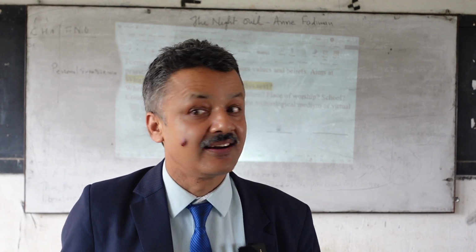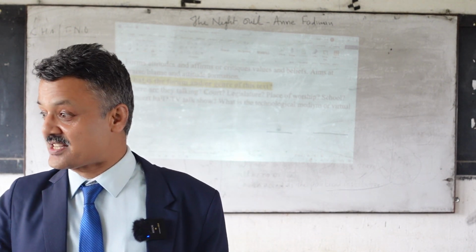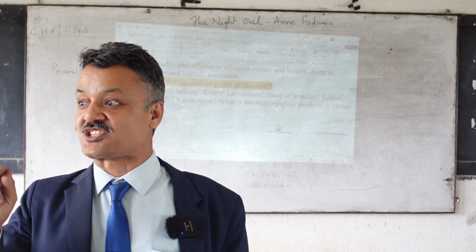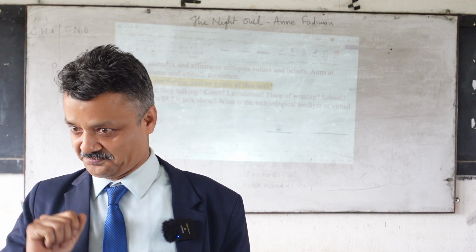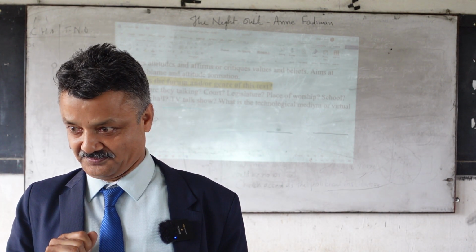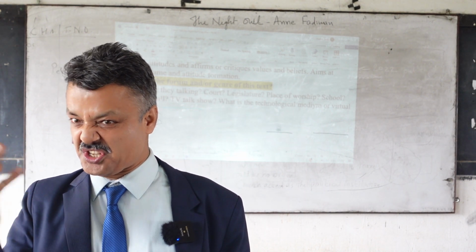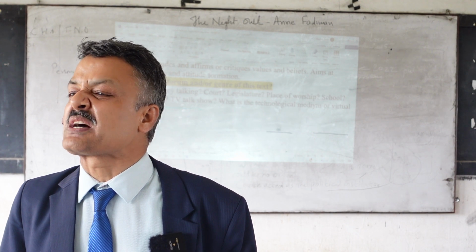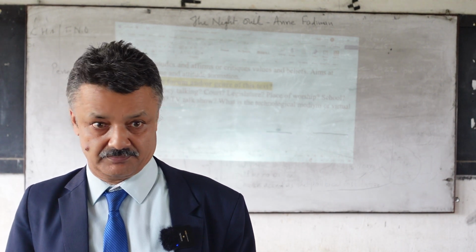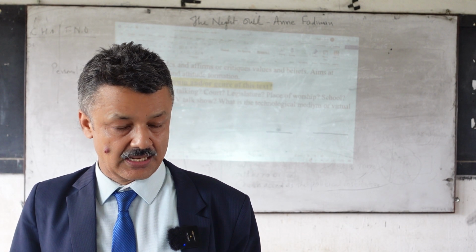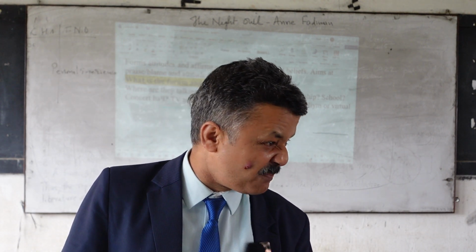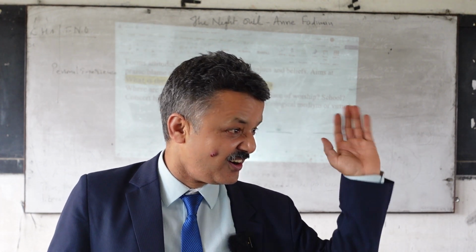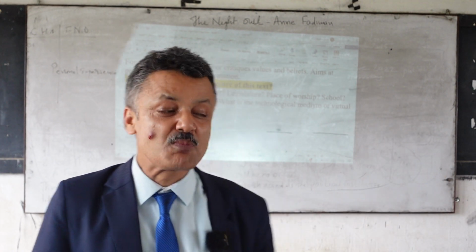Fadiman's essay uses too much logical appeal. She brings a lot of reasoning. Then she makes too much ethical appeal. And at many places, Chang Rae Lee also makes emotional appeal.